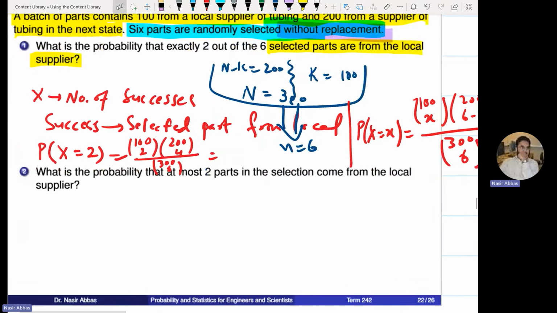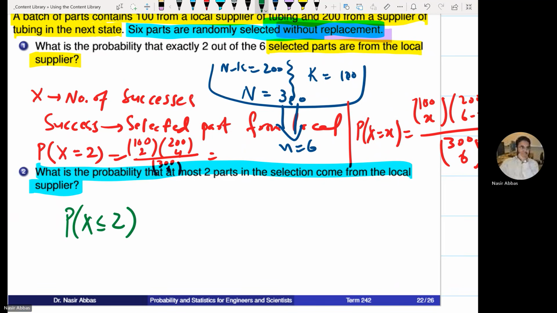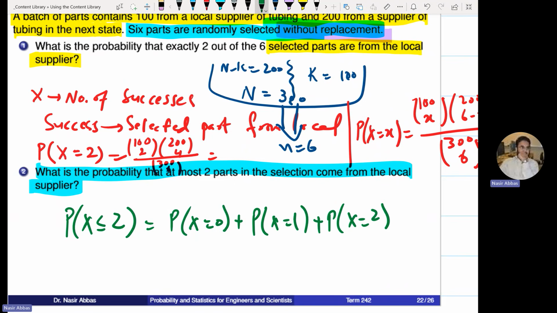What is the probability that... who can tell me what is required in terms of x? Less than or equal to 2. Is he right? At most 2 means 2 or less. So this is the probability of x equals 0 plus x equals 1 plus x equals 2. Again, plug in, get the answer.